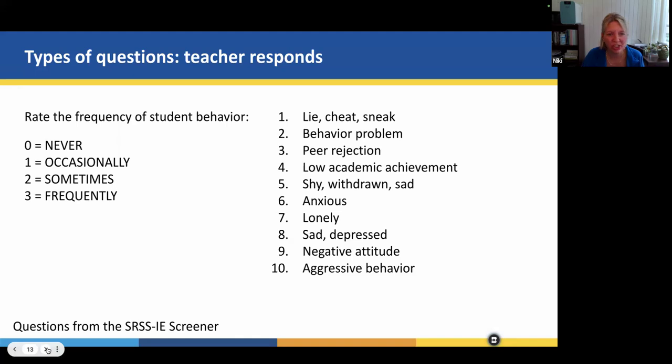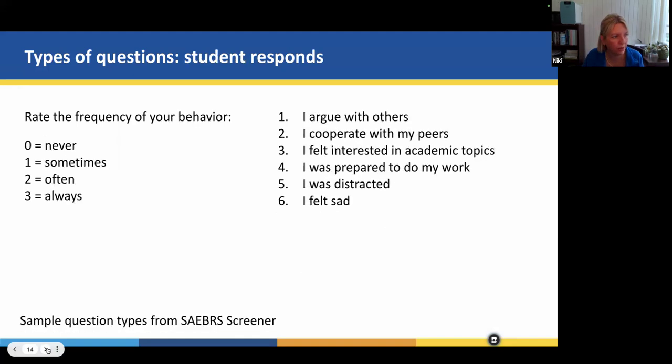So just some questions. You can see that these are really broad questions, and the teacher is responding never, occasionally, sometimes, or frequently. Things like, in the last week or the last several weeks, how often have you observed the following behaviors? Again, this is going to catch a wide net of students.